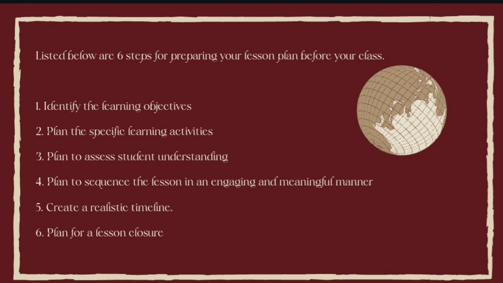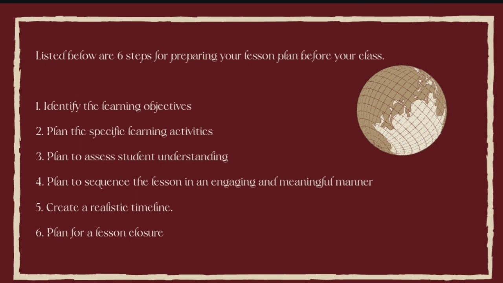The 9 events of instruction are: gain attention, inform learner of objectives, stimulate recall of prior learning, present content, provide guidance, practice, provide feedback, assess performance, enhance retention and transfer to the job.